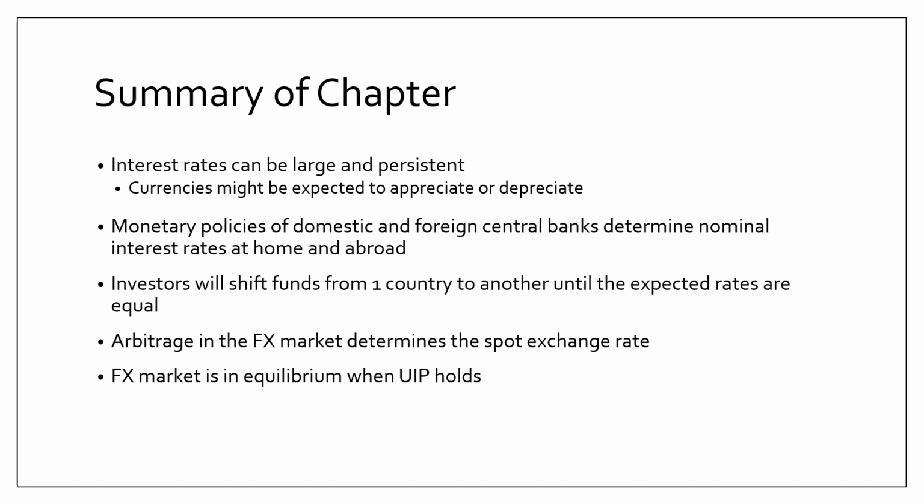Investors will shift funds from one country to another until the expected rates of return, measured in a common currency, are equal. Arbitrage in the FX market determines the spot exchange rate, and the FX market is in equilibrium when UIP holds.